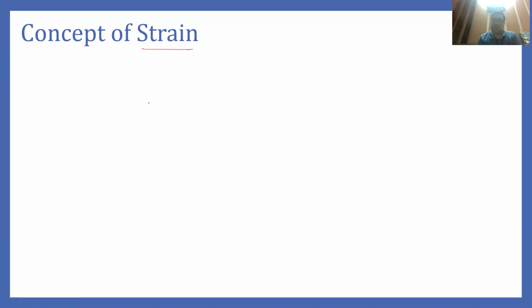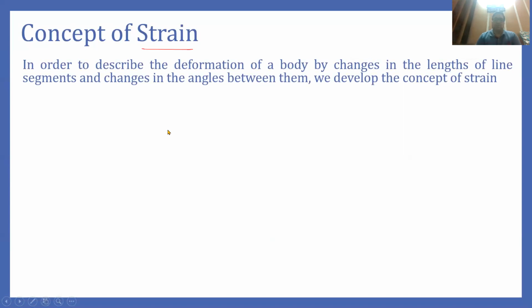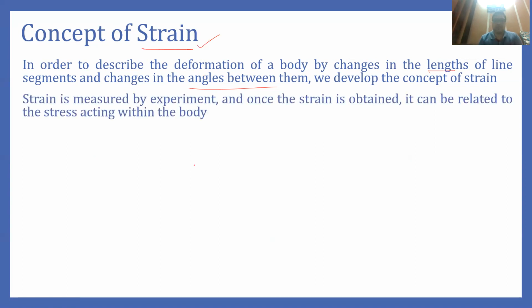Now to quantify this deformation, we use a parameter which is called the strain. So strain is basically a measure of deformation. Whether we want to find the change in length or the change in the angle between lines, we can quantify that with the help of the quantity called strain. Now strain can be measured with the help of experiment.